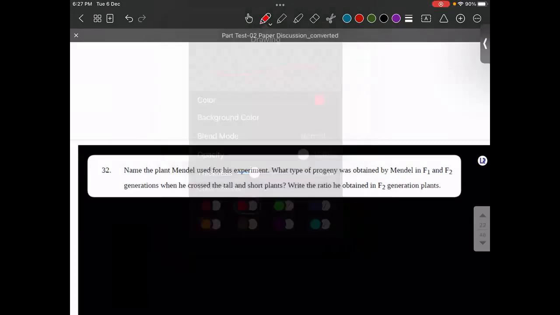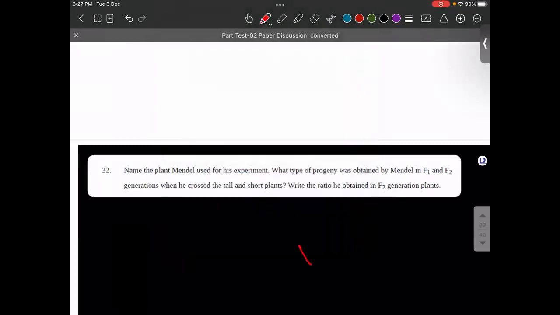I remember like that. Pisum sativum. Okay. Very good. What type of progeny was obtained by Mendel in F1 and F2 generation when he crossed?